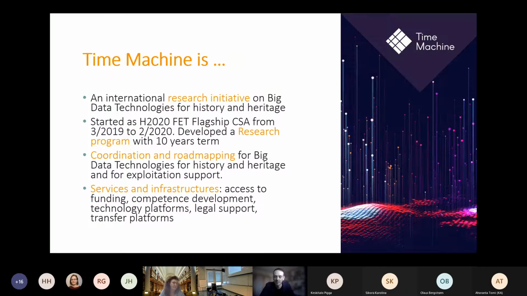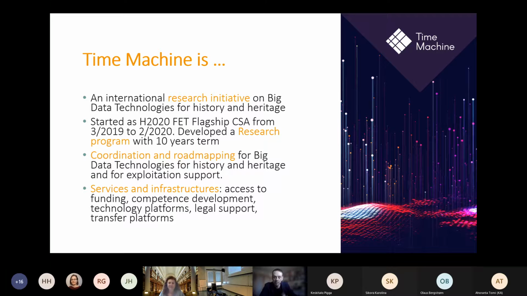The Time Machine is an endeavor, a research initiative on big data technologies. It started from an H2020 flagship CSA and has now turned into a research association. What has been developed within that flagship CSA is a 10-year research roadmap with specific focus on big data technologies for history and heritage, and exploitation support.